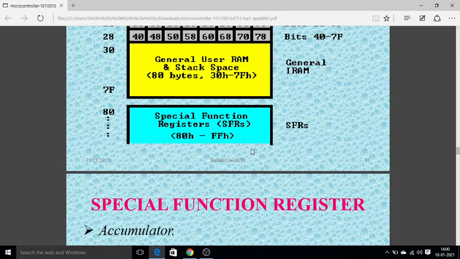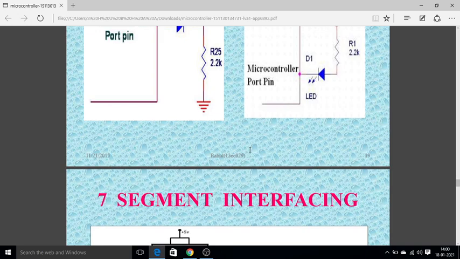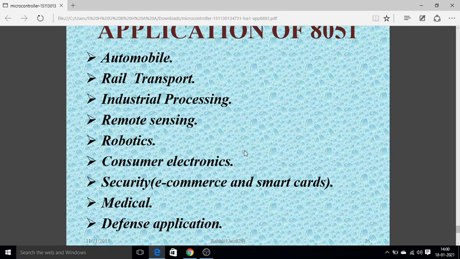Next I am going to talk about some of the applications of the 8051. In automobiles we can make use of the 8051 controller. In automation we use the microcontroller, and also in home appliances.